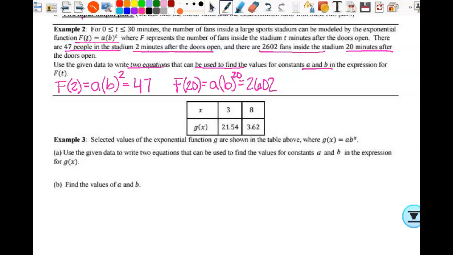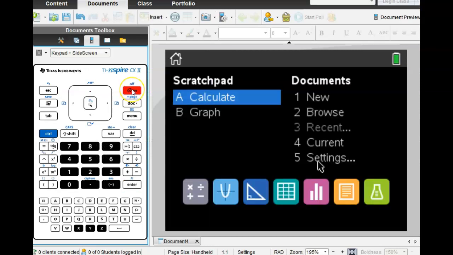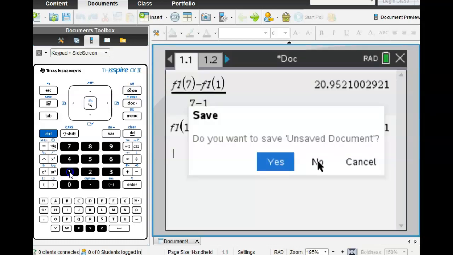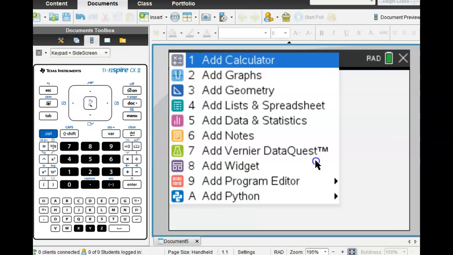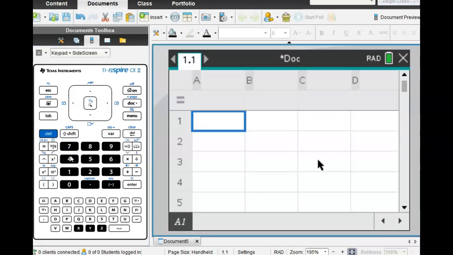So turn your calculator on and get to this screen. 1 for new, then no. And we're doing regression here, so what number do I pick? 4, right? I'm adding lists and spreadsheets. I got to add my stuff in there. 4. So I get this.